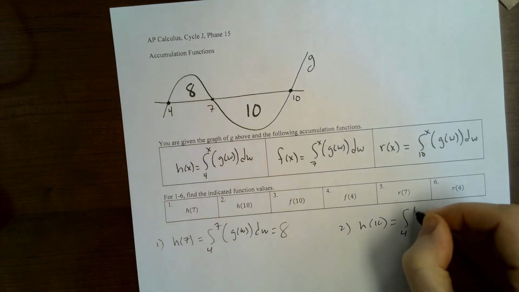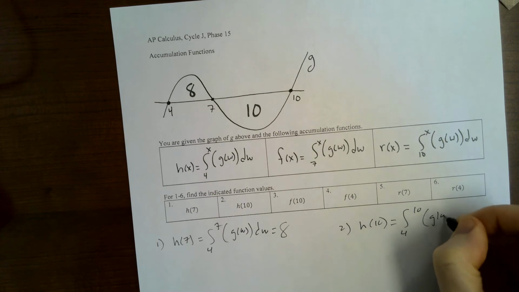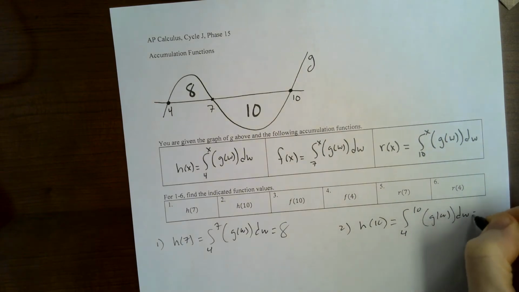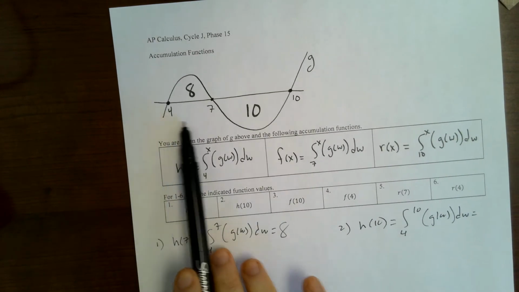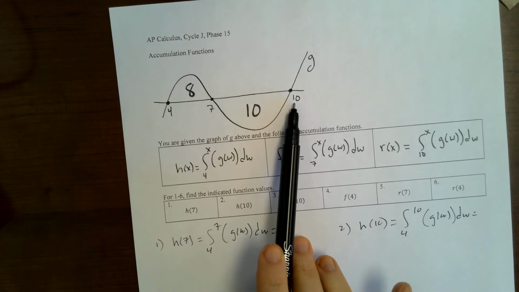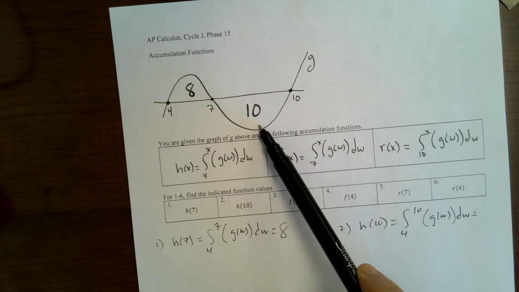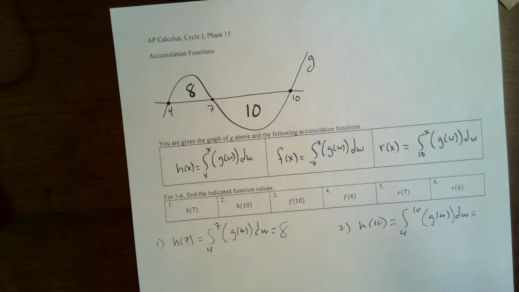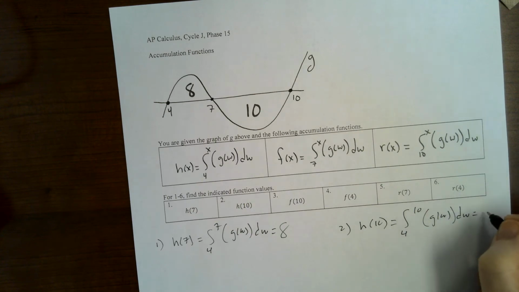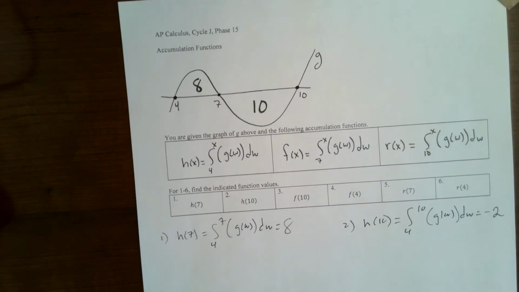That's the integral from 4 to 10 of G of W dW. From 4 to 7, it's positive 8, but from 7 to 10, the area is negative 10. So that's going to be negative 2.